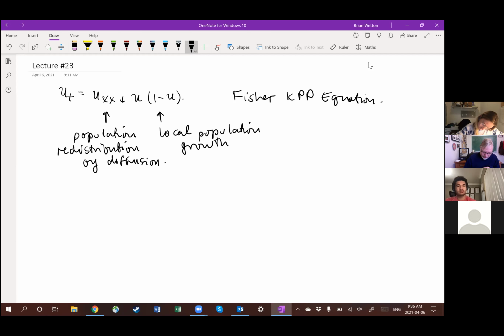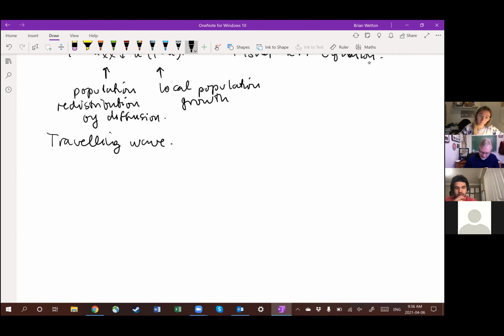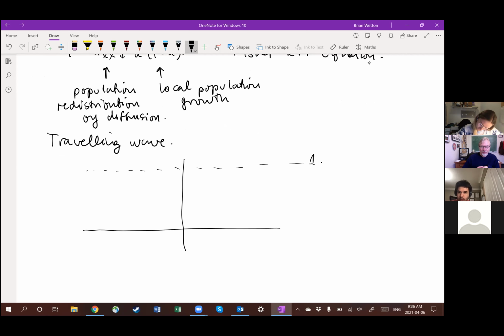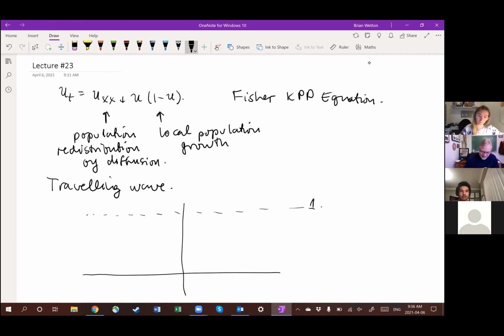Okay, and we were looking at a traveling wave for this problem, which looked like this, right? So we were wondering whether, if you start with positive initial conditions without the diffusion term, then you always tend to the stable equilibrium of 1.